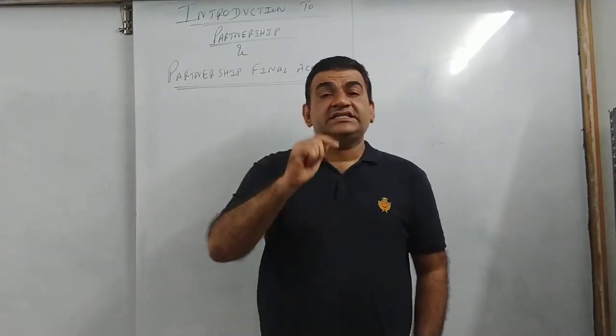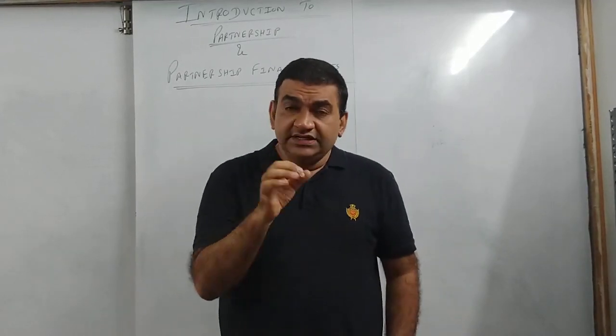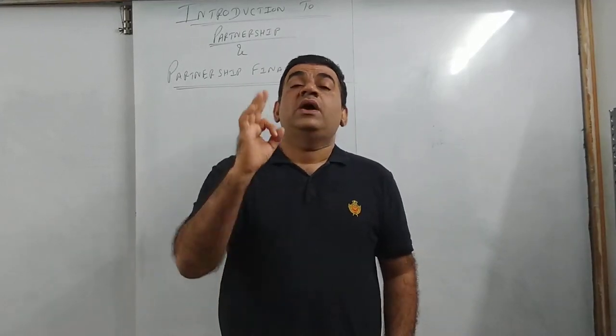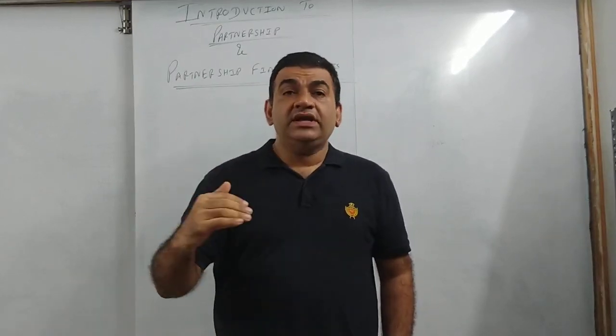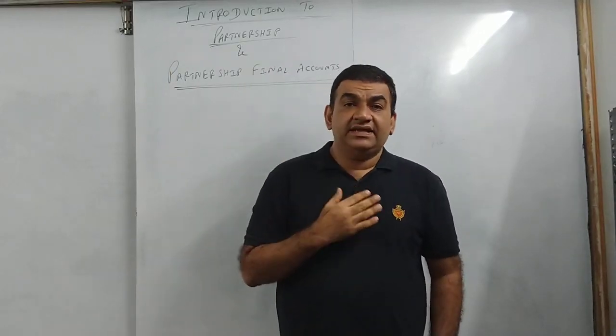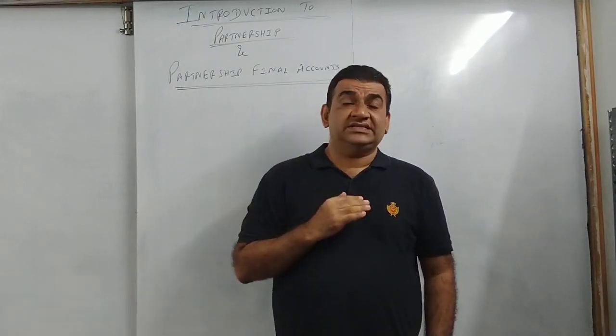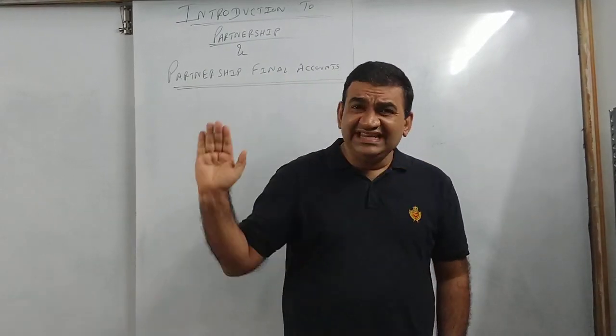Dissolution. Aage jaake you have a separate chapter called dissolution of firm. Dissolution of firm is nothing but winding up or closing down the partnership firm. You are doing a partnership business. You decide, अरे अभी मजा नहीं आ रहा है, business is going into losses, or there's a dispute amongst the partners, any reason.